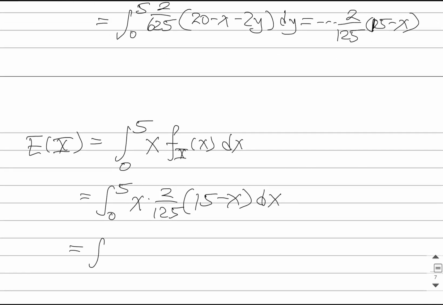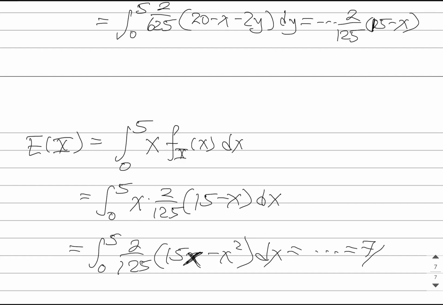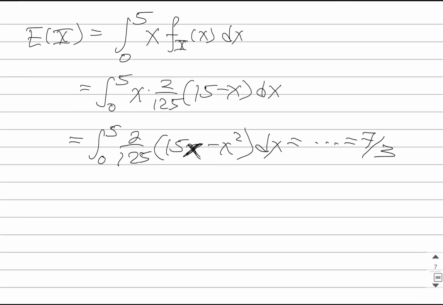Because this is effectively a single variable integral, it's just like what you ended up doing in Calc 2. So you'd integrate through all of those. And going through and hammering out this result would get you to 7/3. So again, I would encourage you to go through and integrate that.